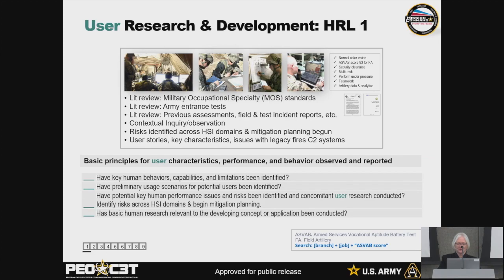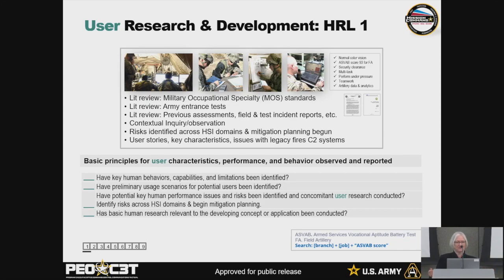These questions focus on key user characteristics. See, so I changed it to user characteristics. Their performance and behavior has been observed and reported. And the questions are below for that HRL. Okay, here's what I did. I did a literature review.